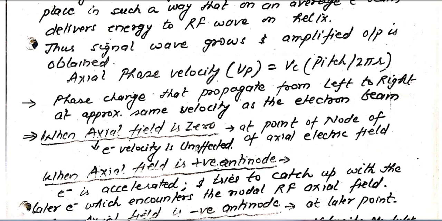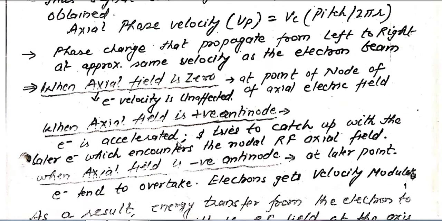At a point where the axial field is positive antinode, the electron is accelerated, and this electron will try to catch up with the later electron which encounters the nodal RF axial field.